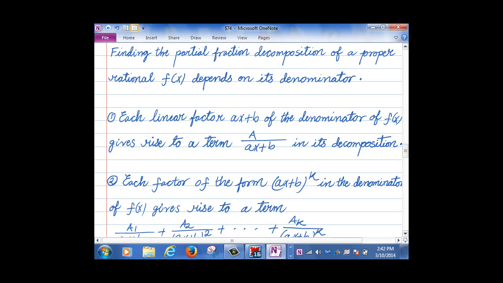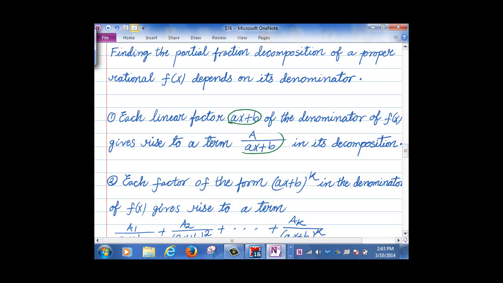Question is, what term? Suppose that I have a linear factor ax plus b in the denominator with exponent 1. For that factor, I will have only one term in the decomposition. What is that term?